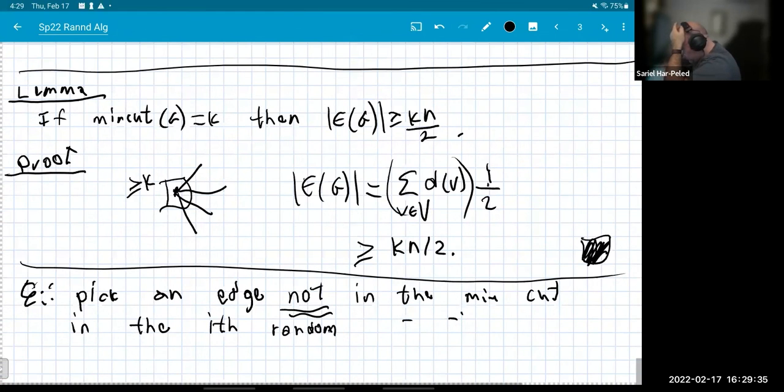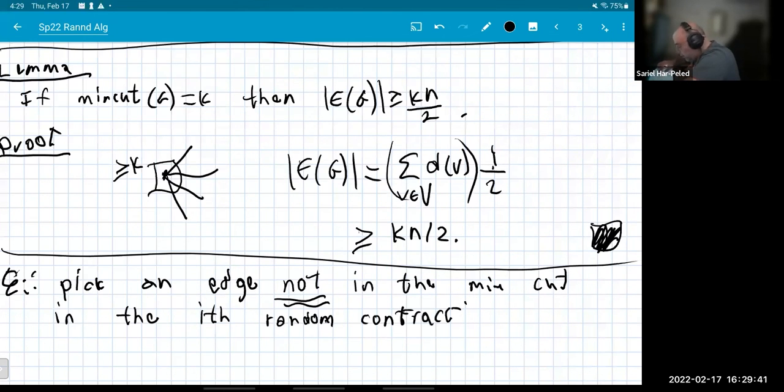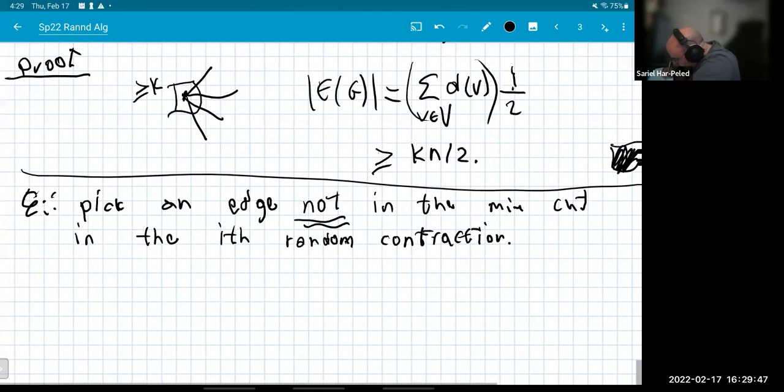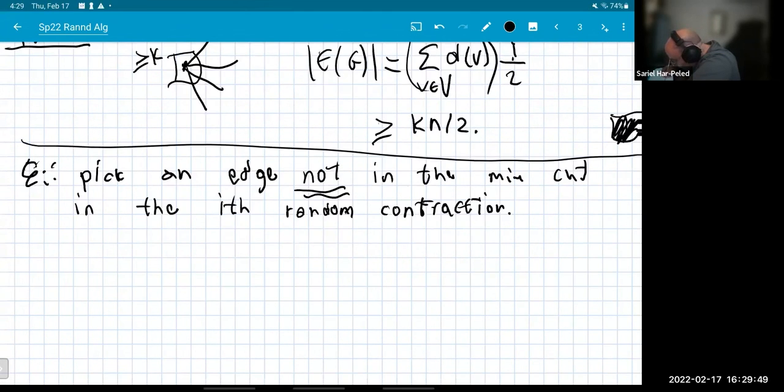Okay, so what is this? This probability is in fact not well defined, this event by itself, if you think about it. But what is defined is the following. And I will explain why.